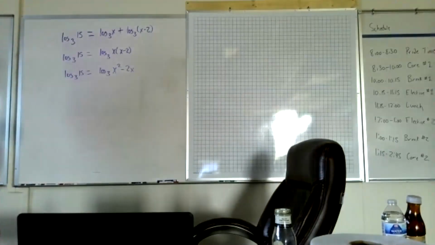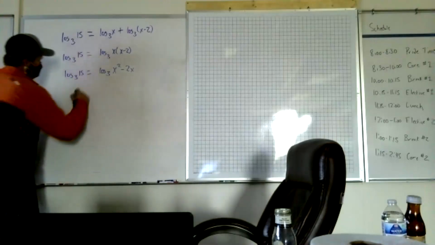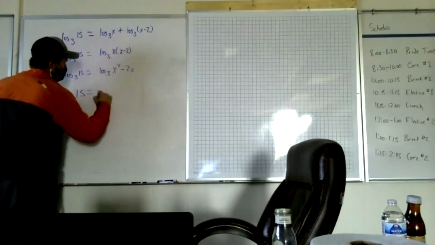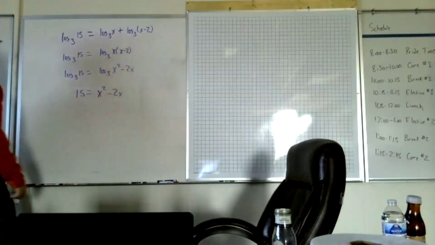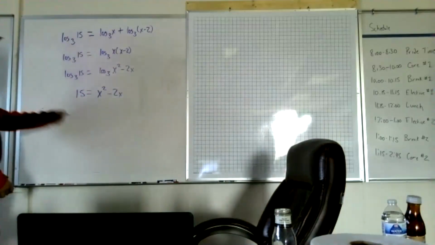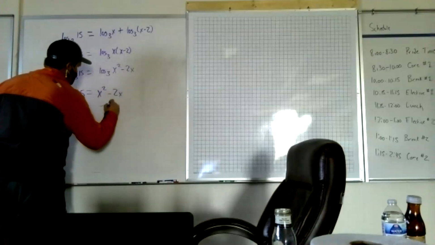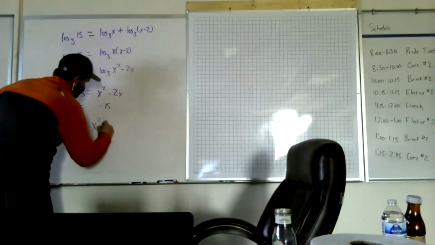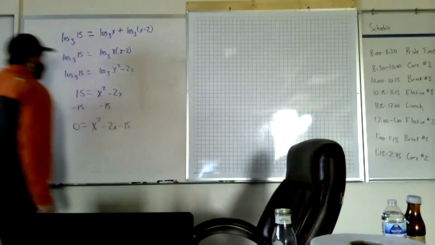Now my 1-to-1 property of logarithms will kick in, allowing me to drop the logs. So I'm going to be left with 15 is equal to x squared minus 2x. Okay, subtract 15 on both sides to get 0 is equal to x squared minus 2x minus 15.